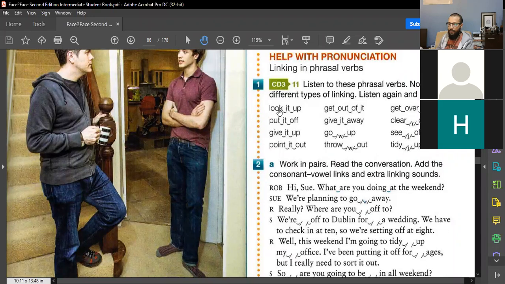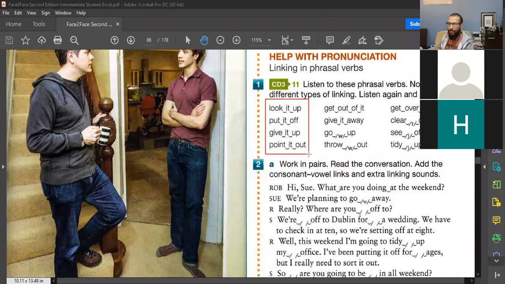So the first group, this is the normal consonant vowel linking. Then we've got the W linking, this other sound, which is a little different. Then we've got another different sound, which is the R. So here the R is clear.